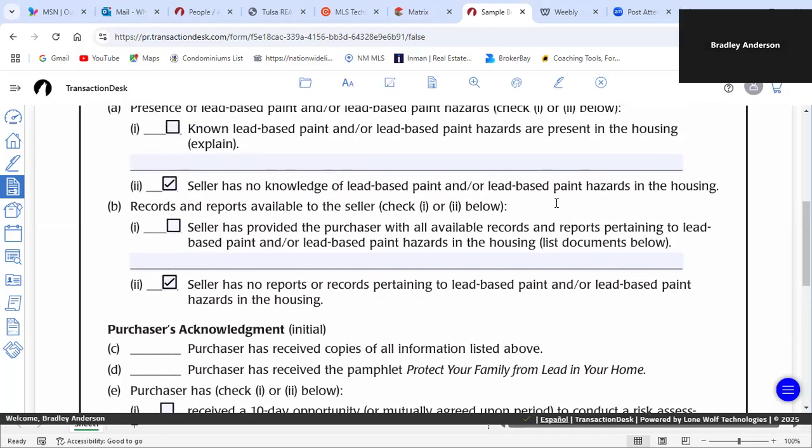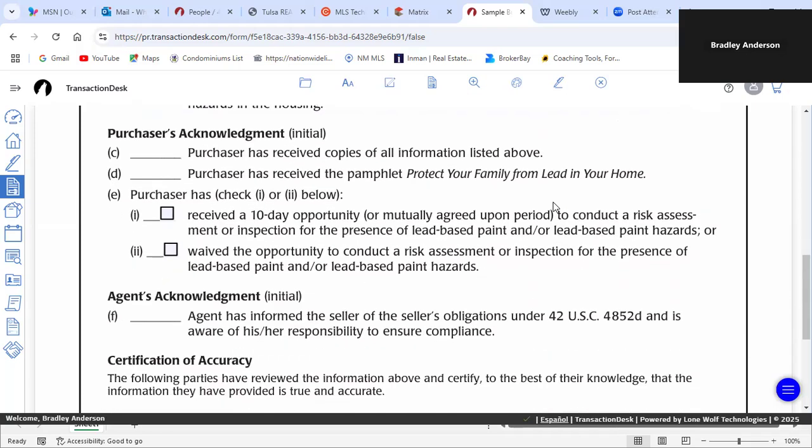Well, in our example, there is no information to provide. Or the purchaser has received the pamphlet, Protect Your Family from Lead in Your Home. This is a standard federally issued pamphlet that is available in transaction desk. So this is the buyer's responsibility to deliver it.